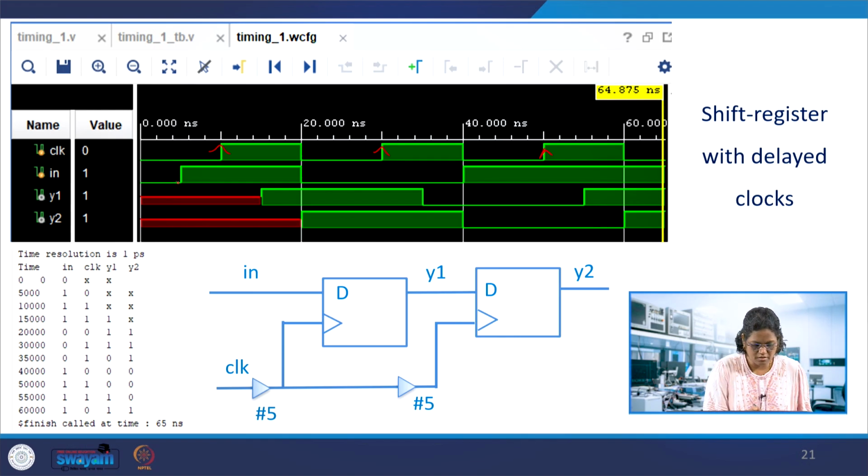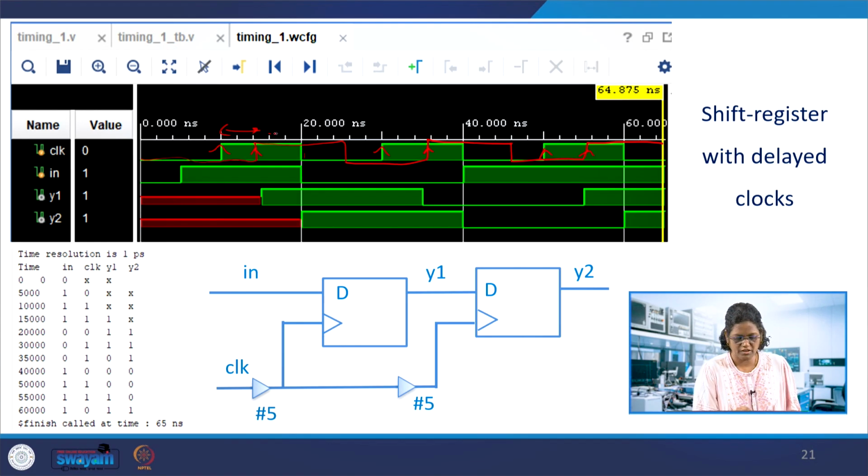So, in the sense of the 5 time units delayed clock, we can have it here. That is one thing, a 5 time units delayed clock, and then another 5 time units. So another 5 time units delayed clock will be at these edges, that is at the negative edge, the next 5 time units delayed clock will be.